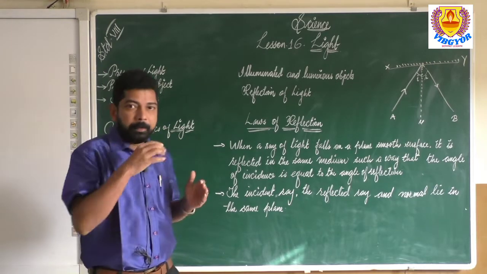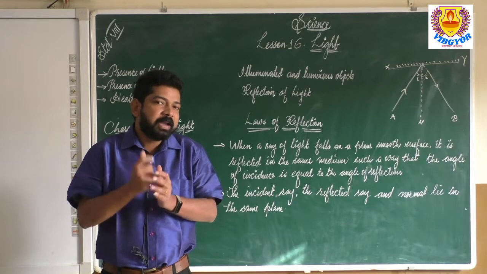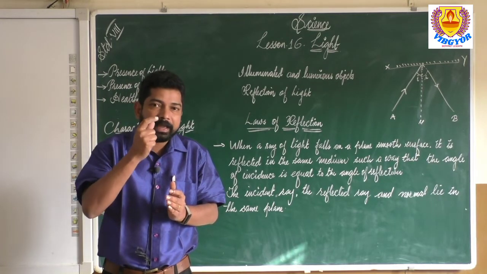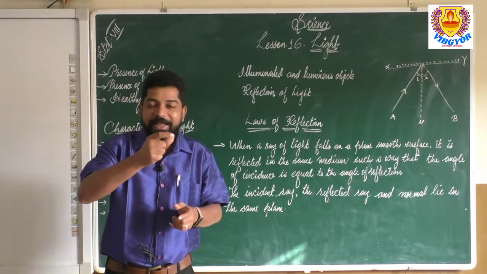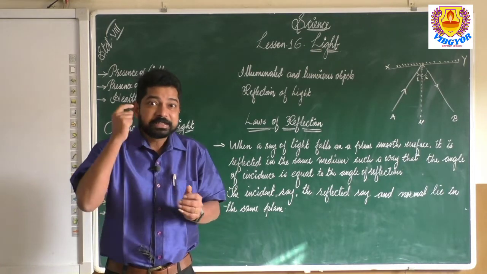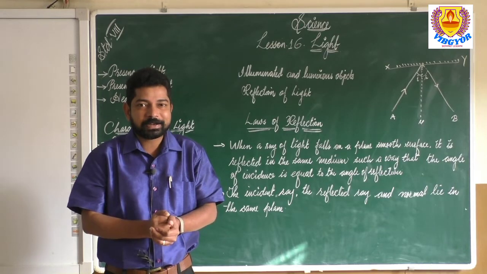Next point, medium. When we studied sound, we said that sound also travels from one place to another, but it needed a medium. In vacuum, sound was not traveling; sound needed a medium. But what about light?